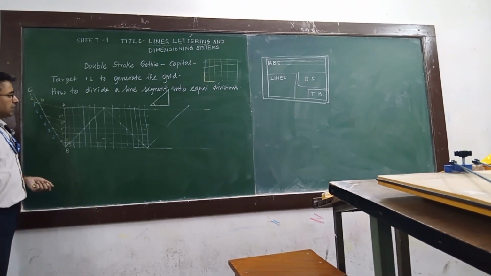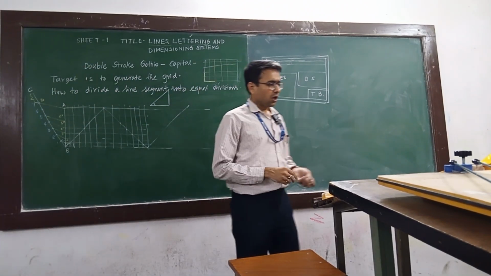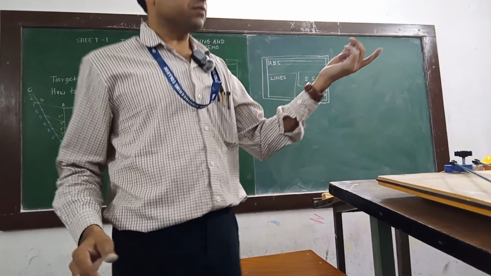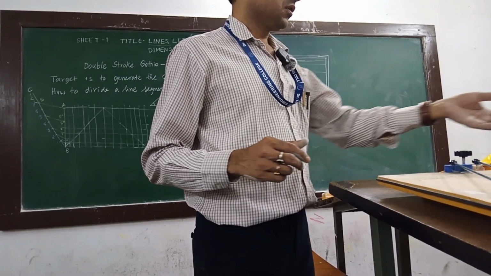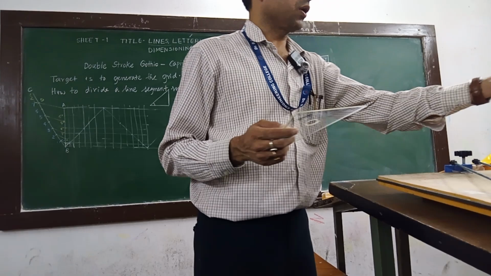Okay. Next thing is how to draw parallel lines. So that we will show. I think I can show you. Can you give me two set squares? Another. Okay. Thank you.